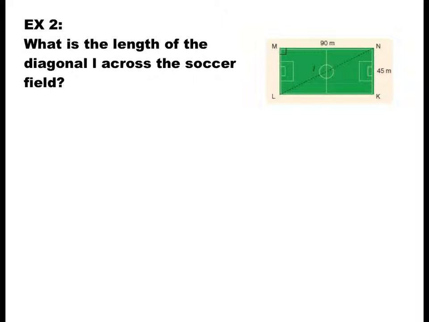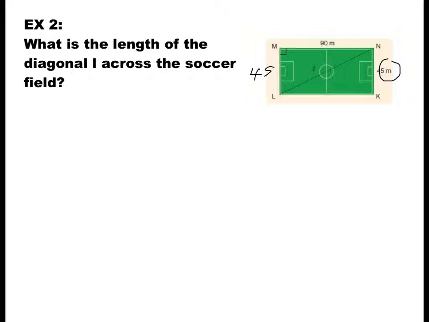Okay, in this example, I have a soccer field which looks like a rectangle, and I have to find the measure of the diagonal here. I know one side is 90, the other one is 45. Since this is a rectangle, I know that if this is 45, then the side opposite to it has to be 45 too.